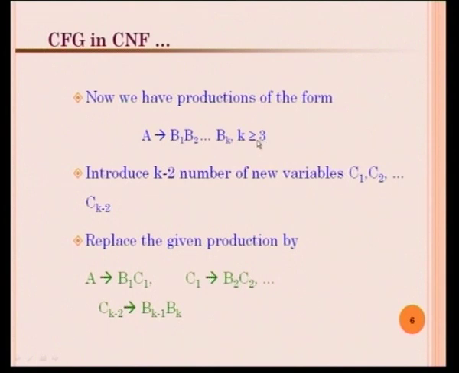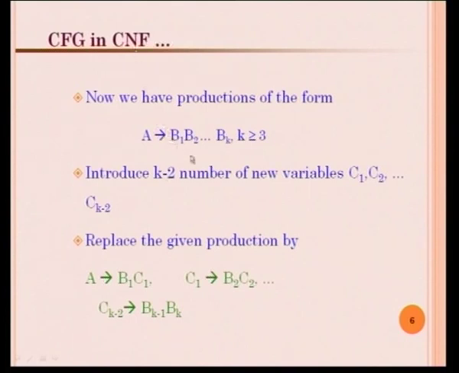If k is 2, it is already in CNF. If k is 1, it must be a terminal, because it cannot be a variable since we have already removed the unit productions. So if k is 1 or 2 you just leave it, and once we find that k is greater than or equal to 3, we must rewrite the grammar so that it satisfies the properties of CNF.